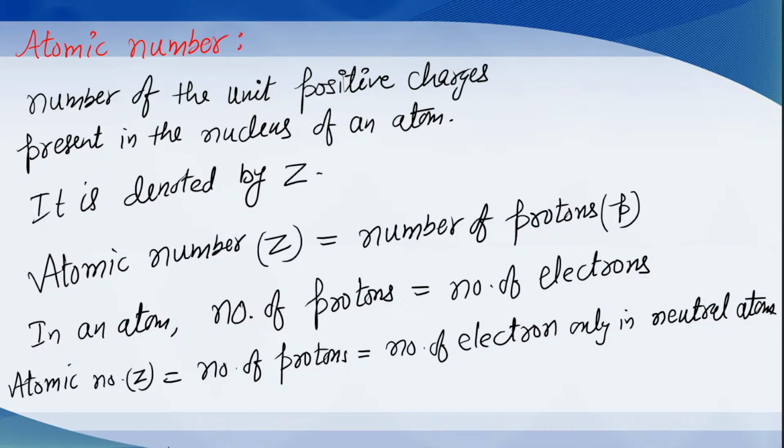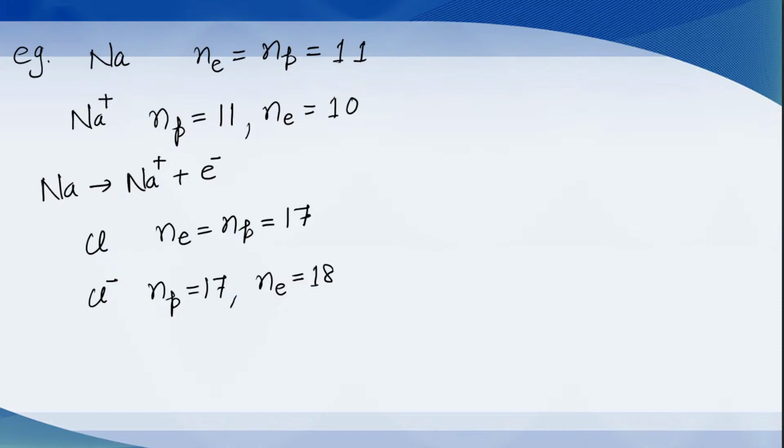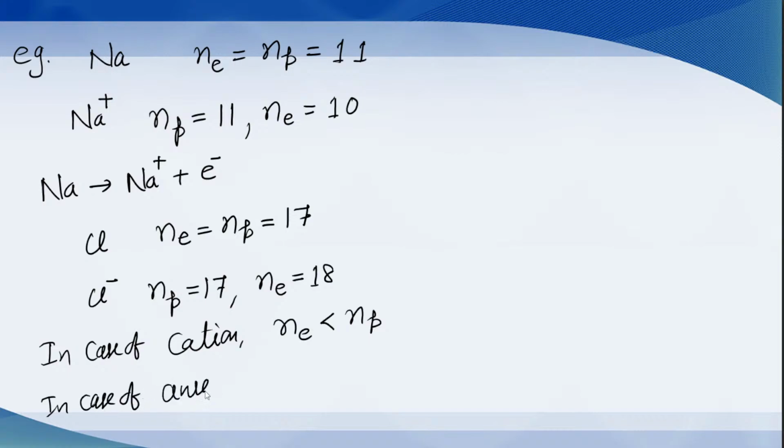But if it is an ion, then number of electrons are different from that of number of protons. In case of cation, number of electrons is less than number of protons, and in case of anion, number of electrons are greater than number of protons.